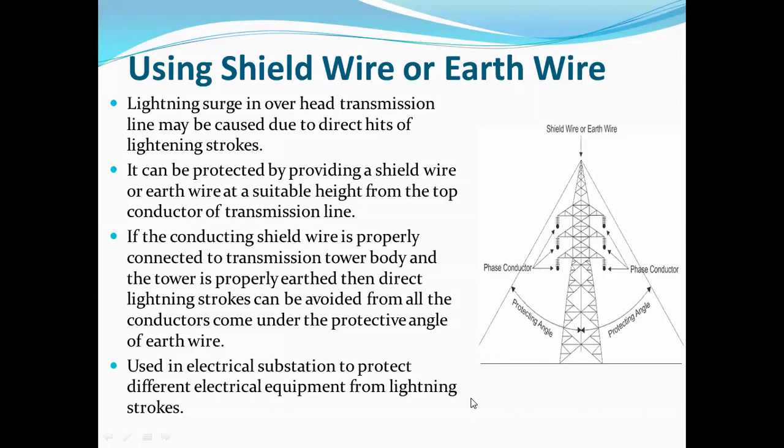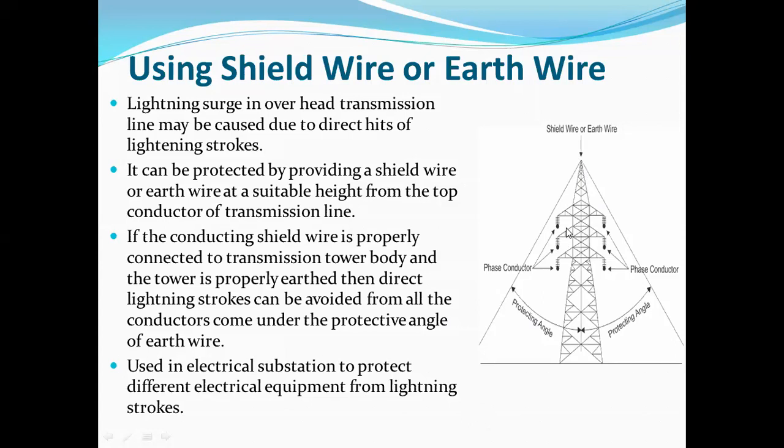So here, first is using shield wire or earth wire. I think all of you know this, right? For this transmission tower, there are 7 links. This is the top one, that is the shield wire, also called the earth wire.